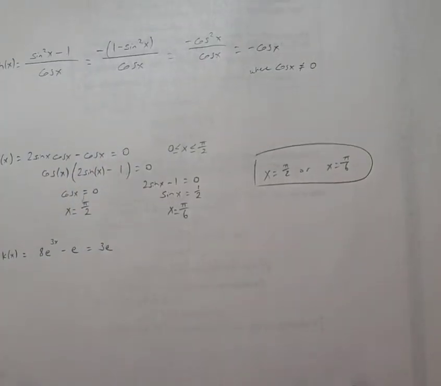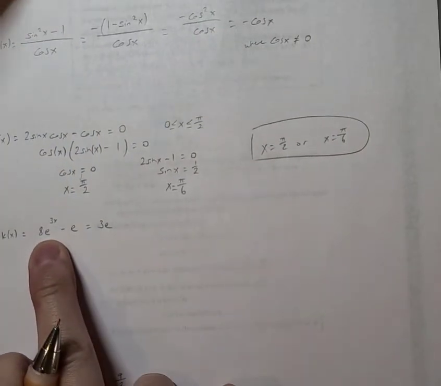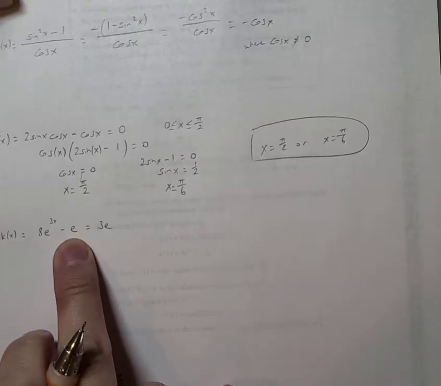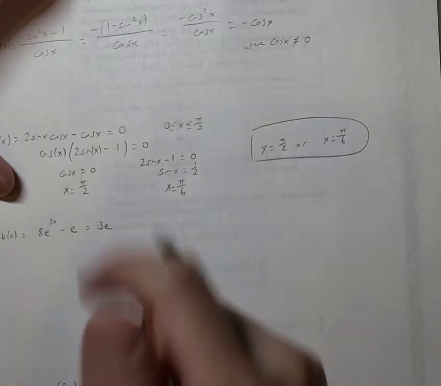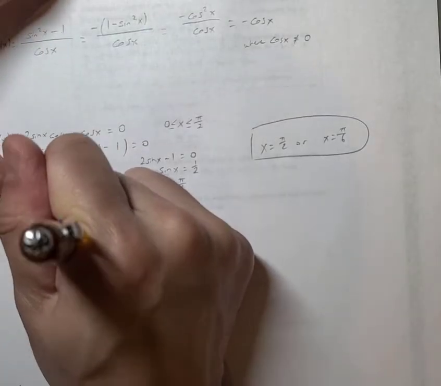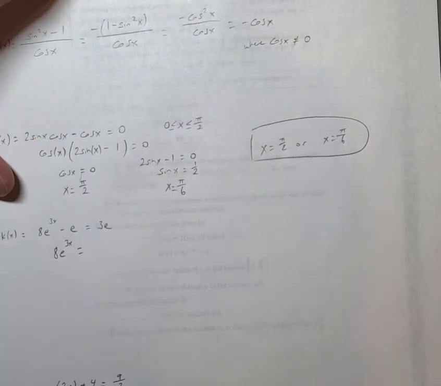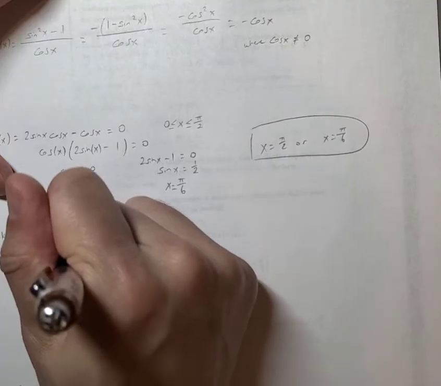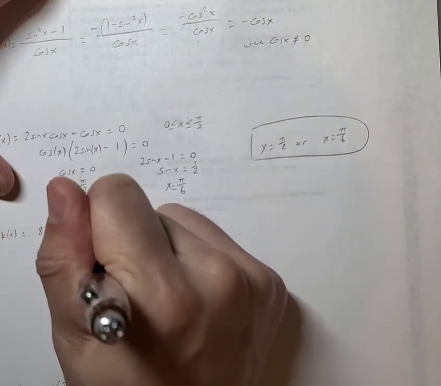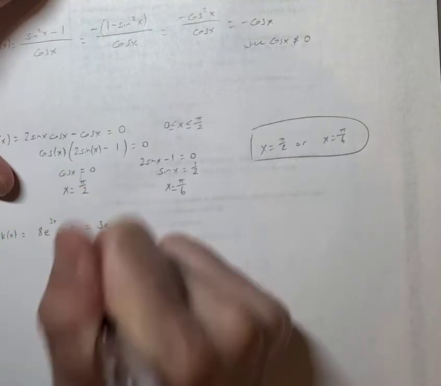And then the other one, we had to solve 8e to the 3x minus e is equal to 3e. How do we solve this? We can move this e to this side, so 8e to the 3x is equal to 4e. We can divide by 8 on both sides, so e to the 3x is equal to e over 2.